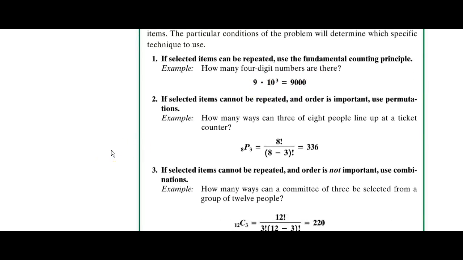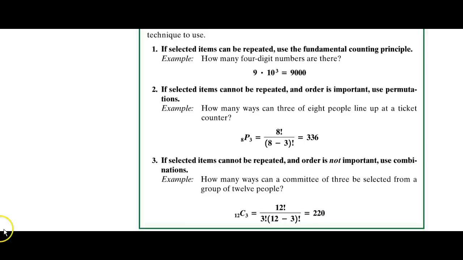And example 2. In example 2, if items cannot be repeated, order is important. Again, you'll use permutation, and you write it as a permutation. We have 8 people line up for tickets.